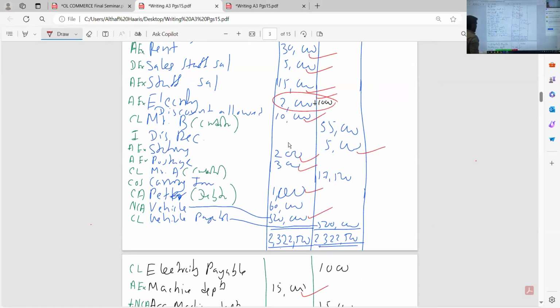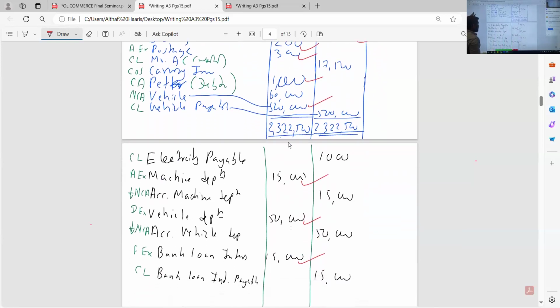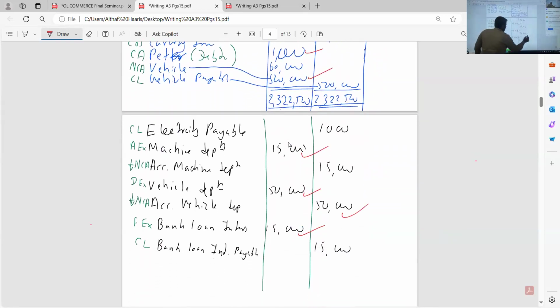Then here we have the accumulated depreciations.